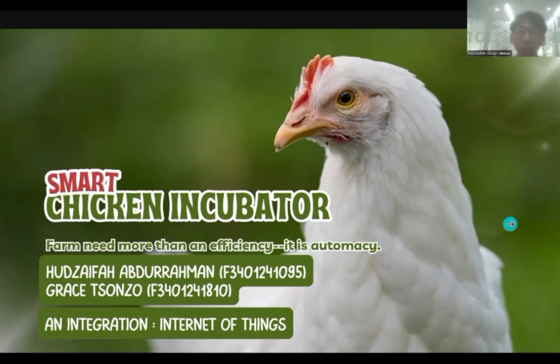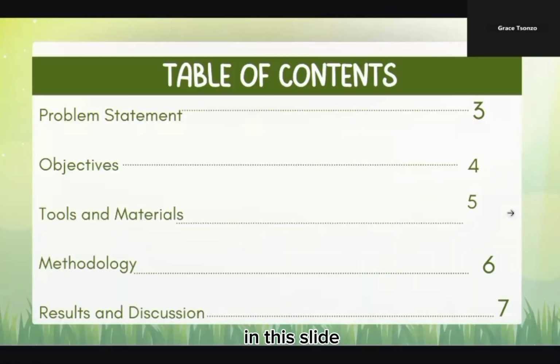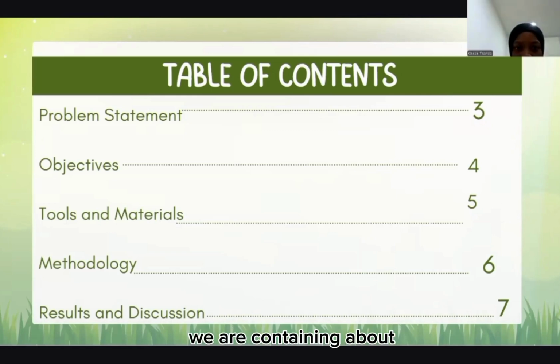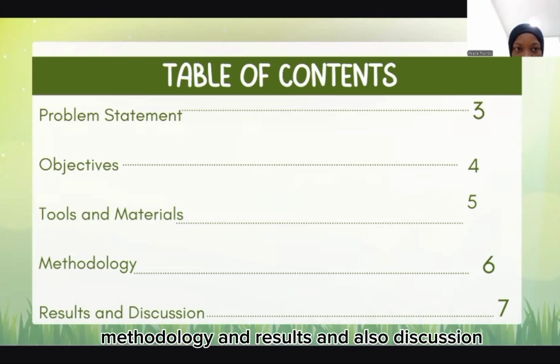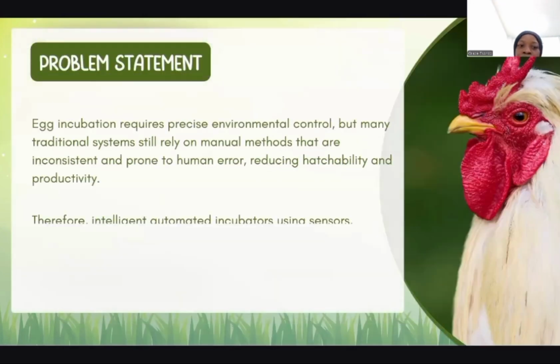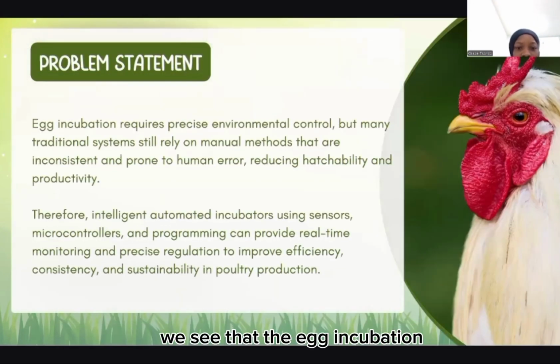Okay, so in this slide, we are covering five main contents, which are problem statement, objectives, tools and materials, methodology and results, and also discussion. We see that egg incubation really needs precise environmental control.